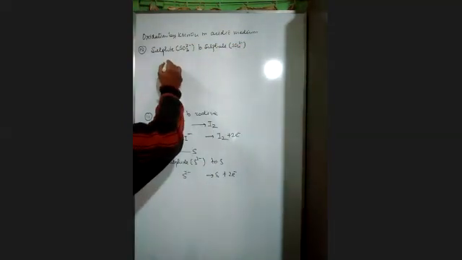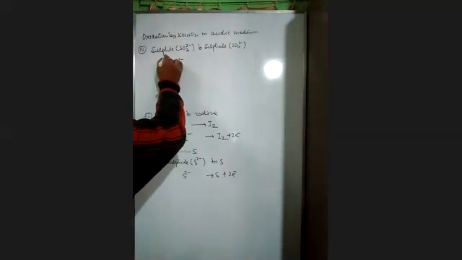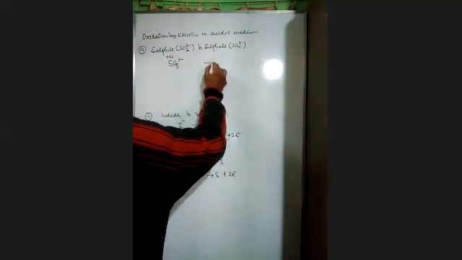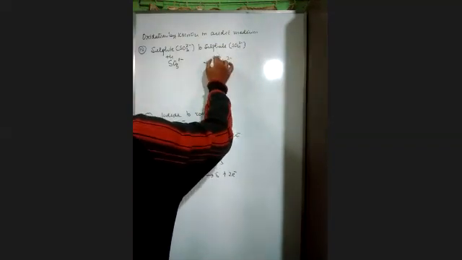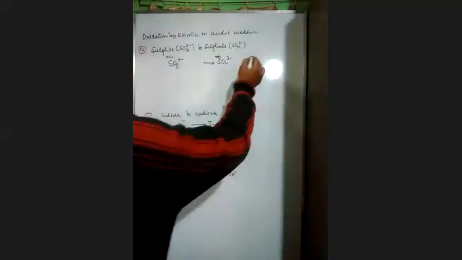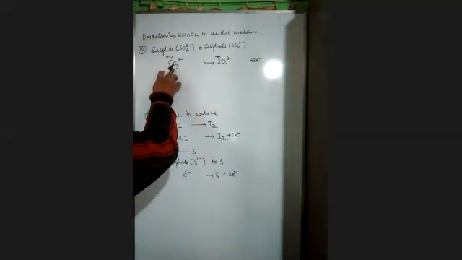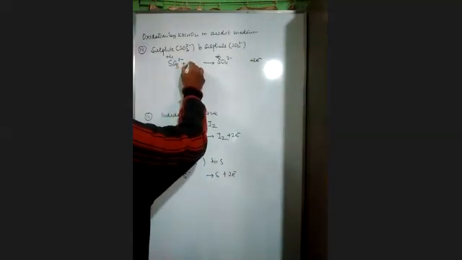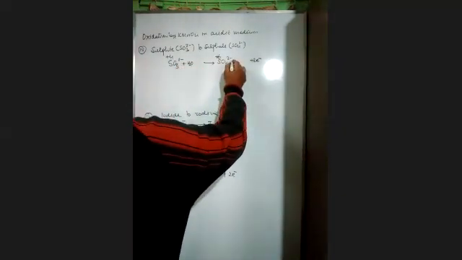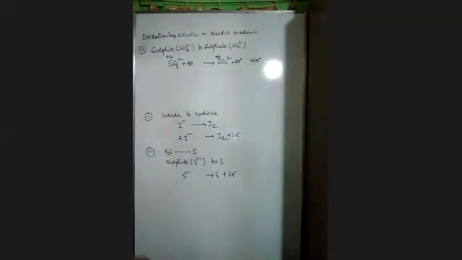See here it is SO3 2 minus is plus 4 and SO4 2 minus is plus 6. Okay, so it is going to lose 2 electron, but here you have 3 oxygen, here you have 4. So extra oxygen we can get from water, and here will be 2H plus. So do next.